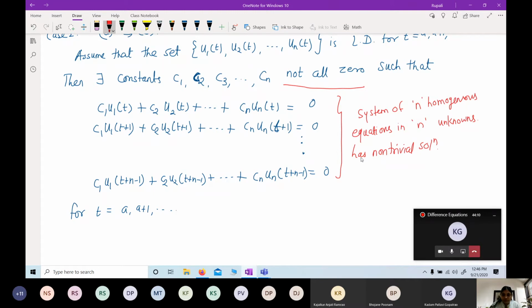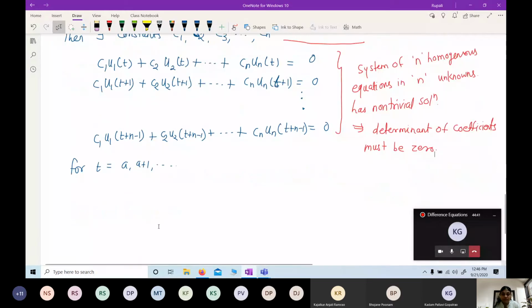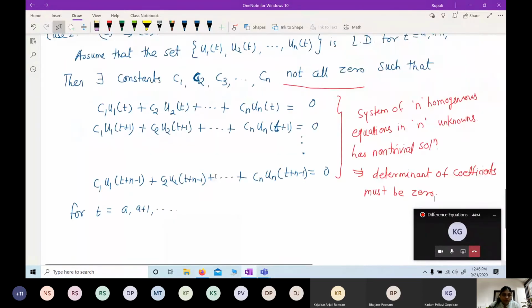So this implies the determinant of coefficients must be 0. What is the determinant of coefficients?